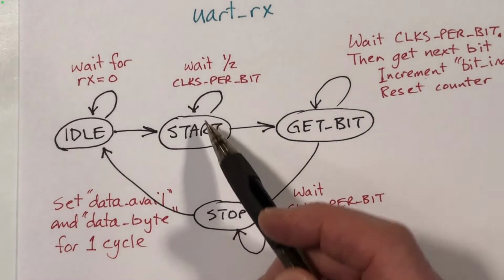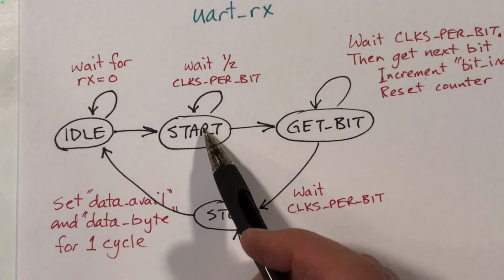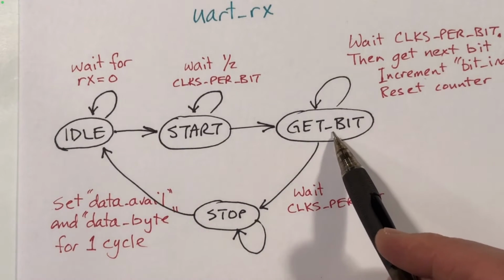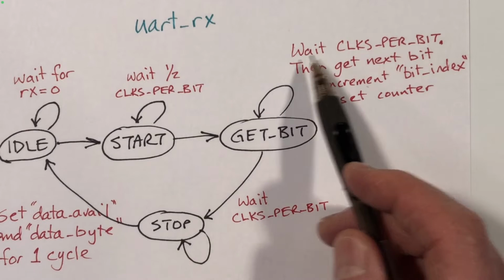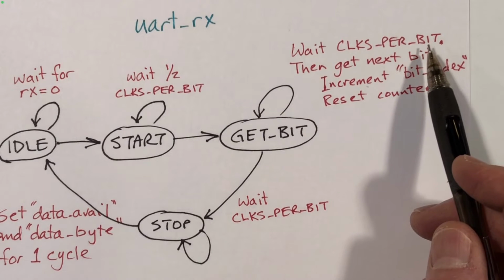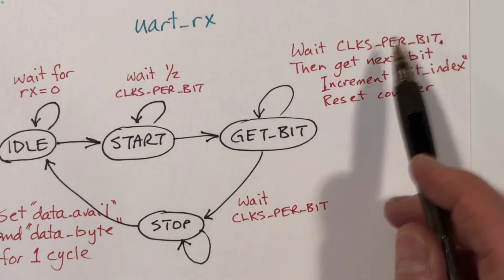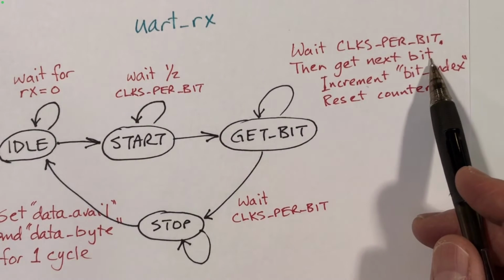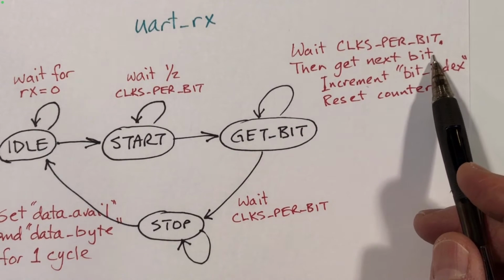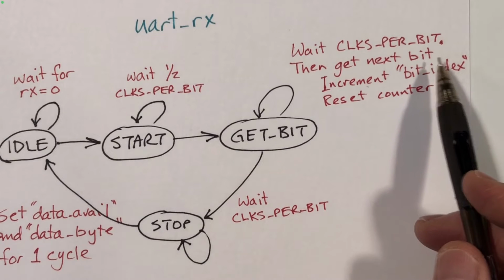And at that point, we should be in the middle of the bit. And then we proceed to the get bit state. And that will wait clocks per bit to get to the middle of the next bit. And at that point, it will get the bit. It will look at the RX input line, and it will capture that.